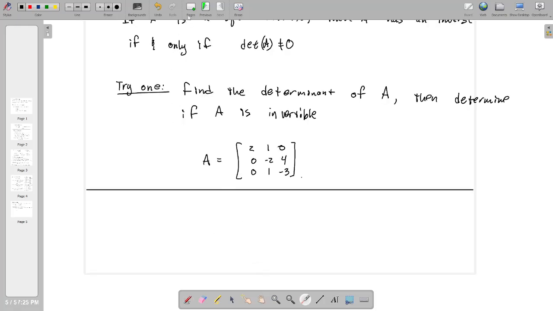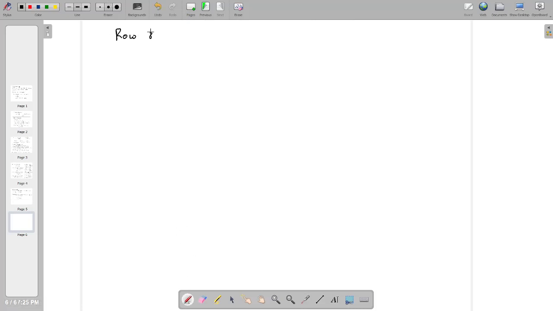All right, the next thing I want to talk about is going to be row and column transformations. Recall, there are 3 operations that we can do to a matrix that will not change the solution to a system of equations.